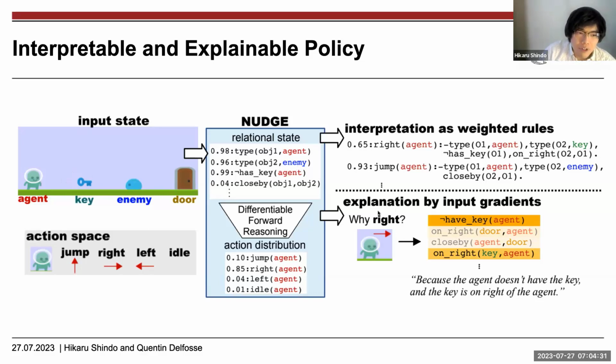After taking this action, we can ask the agent, why did you go right? By applying gradient-based XAI methods to the logical representation, our system can produce an explanation using logical representation. In this case, the agent explains that it doesn't have the key yet, and the key is on the right of the agent, which is why it should take the action of going right.